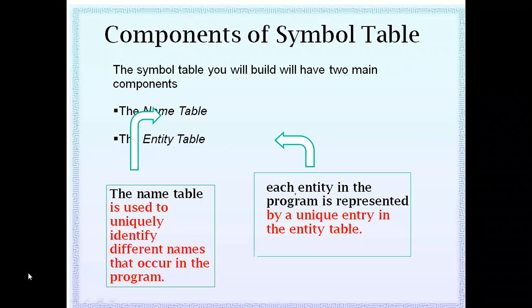Here we are talking about the symbol table and its entries. Entries are of two types of components: one is the name table and the other is the entity table. Each entity in the program is represented by a unique entry in the entity table.